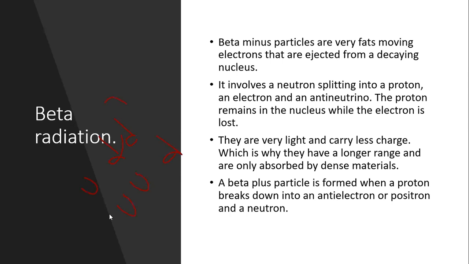Now, what is happening? This is the neutron. The neutron is breaking. As the neutron breaks down, one of the down quarks changes into an up quark, right?